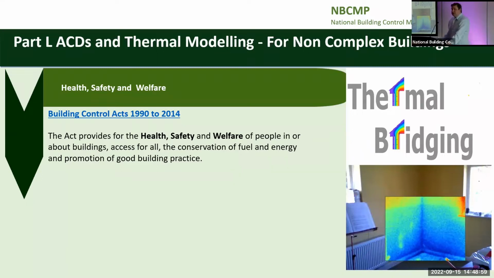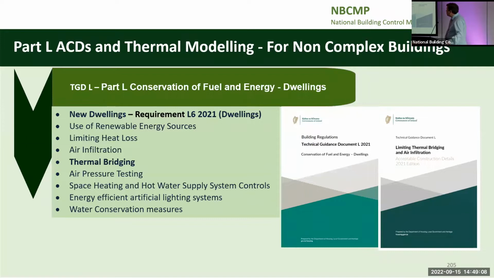The welfare part of this is the thermal comfort and the mold growth that you don't want in buildings, in Part L. For new dwellings, the requirements of L6 in 2021 are the use of renewable energy sources, limiting heat loss, air infiltration, thermal bridging, air pressure testing, space heat and water supply system controls, energy-efficient artificial lighting systems and water conservation measures. And we're only dealing with thermal bridging today, which is one element of the requirements in Part L.